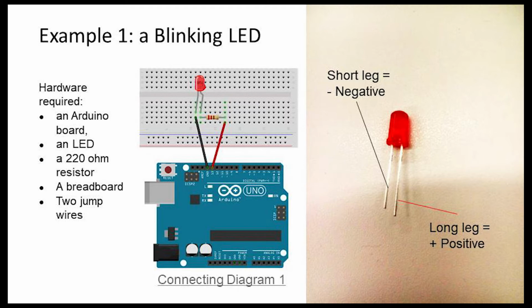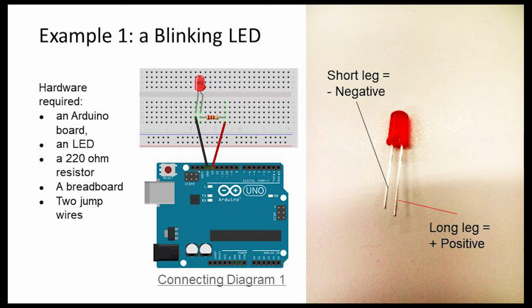An LED means a light emitting diode, and a diode only allows current to flow in one direction, but not the opposite.